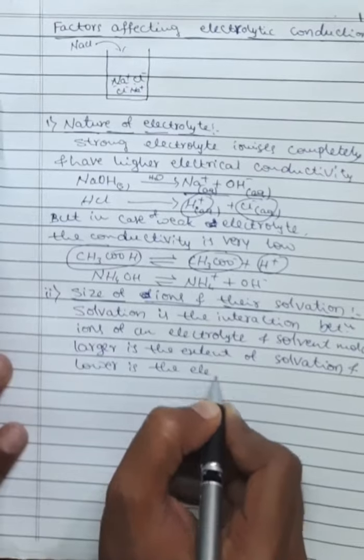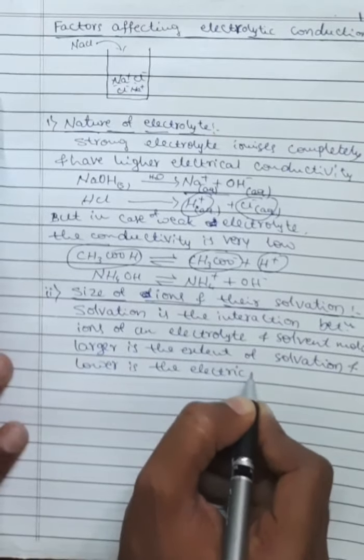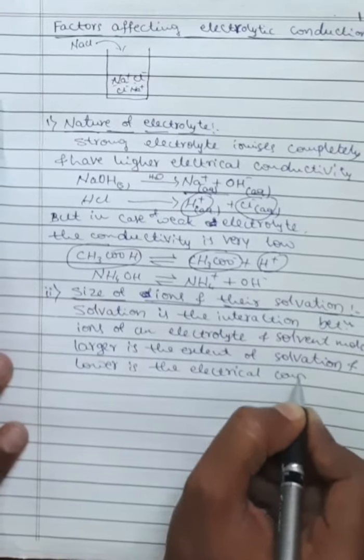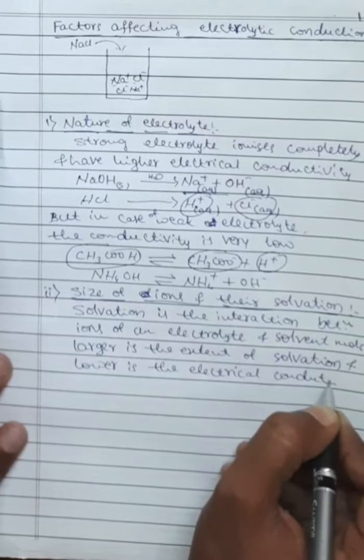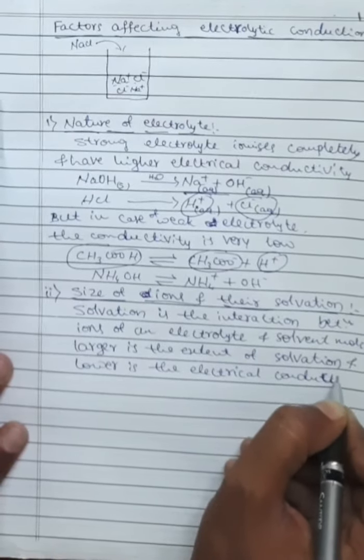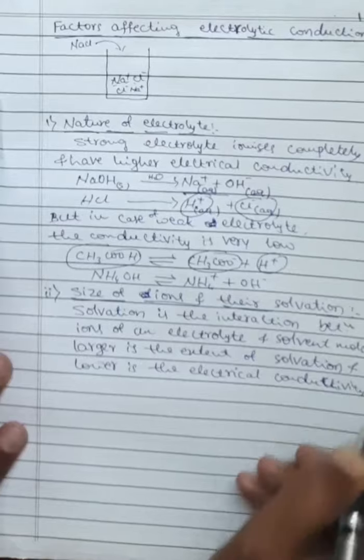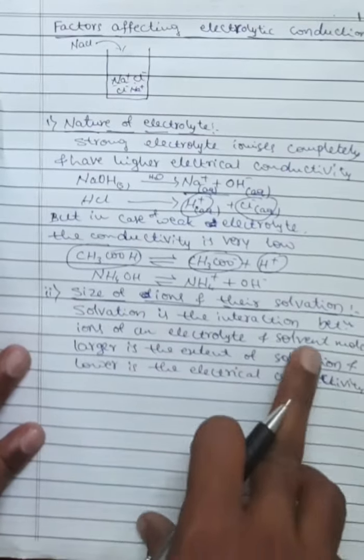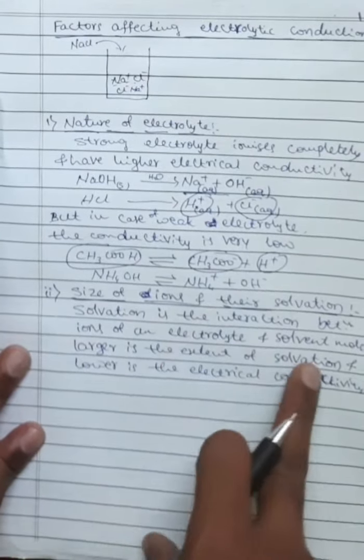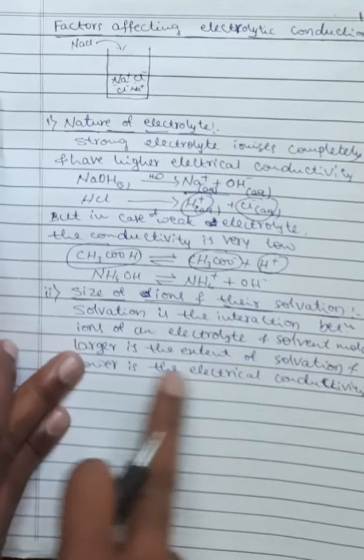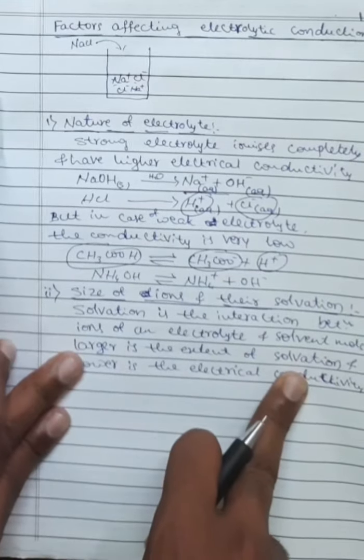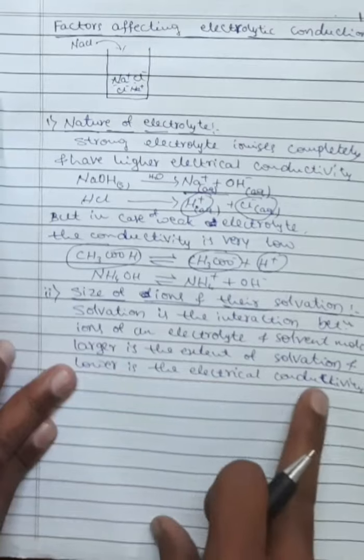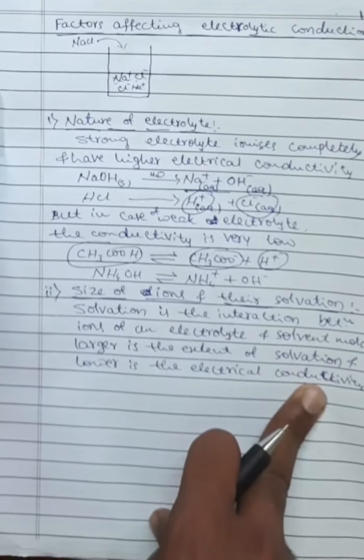That is, solvation is the interaction between ions of an electrolyte and solvent molecules, so the larger the extent of solvation, the lower the electrical conductivity in this case.